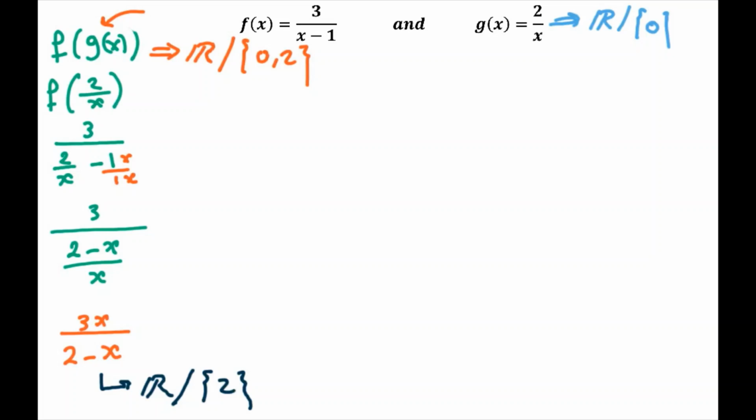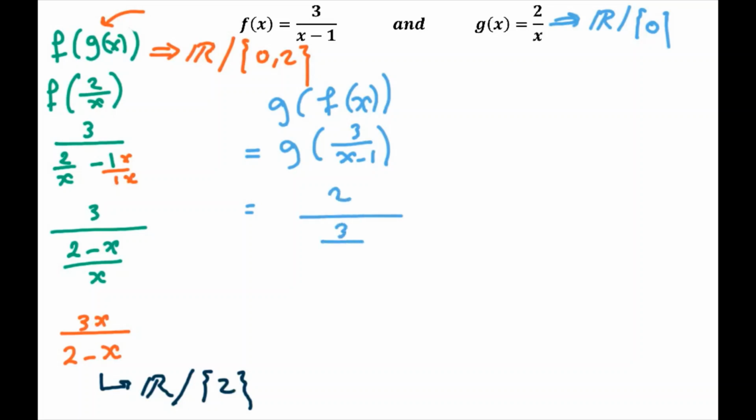Okay. Next, g of f(x). You will go and put 3 over x minus 1 in g(x), and that's going to be equal to 2 times 3 over x minus 1, over 3.